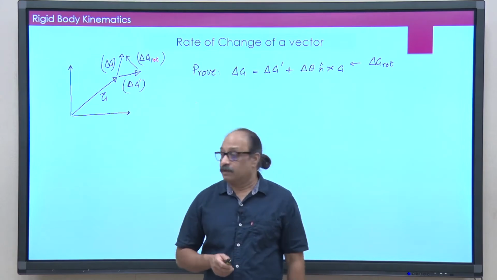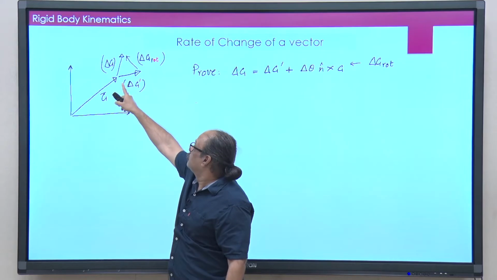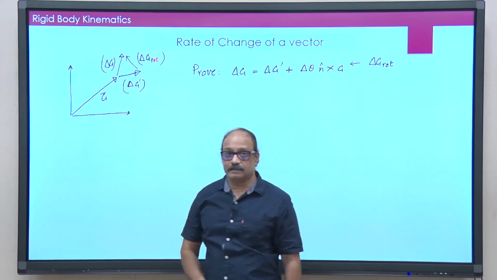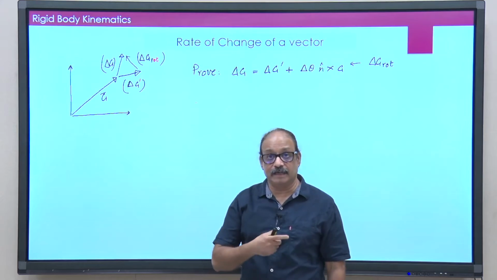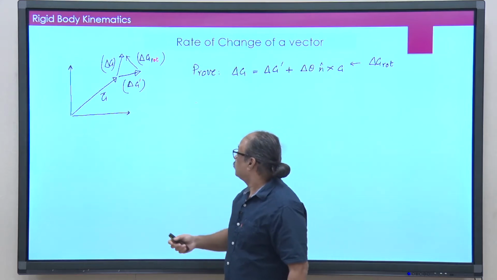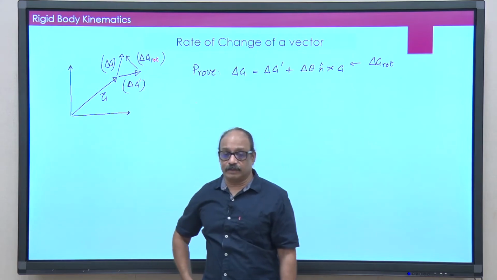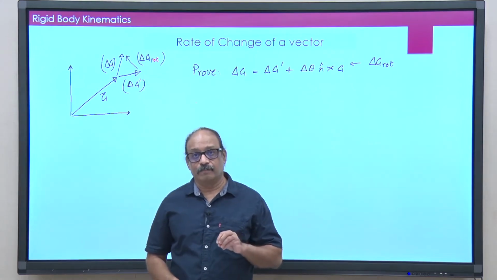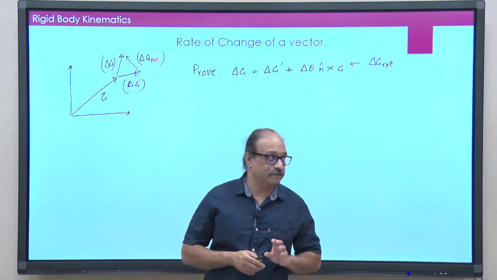So, in two different frames, the change in g is seen by S prime frame as delta g prime, the change in the vector seen by S is delta g, and the difference between the two is basically this delta g rotation, which is coming purely because S prime is rotating with respect to S frame.